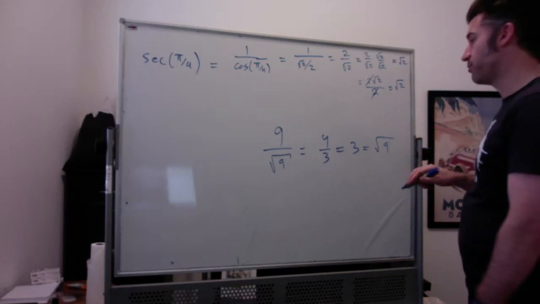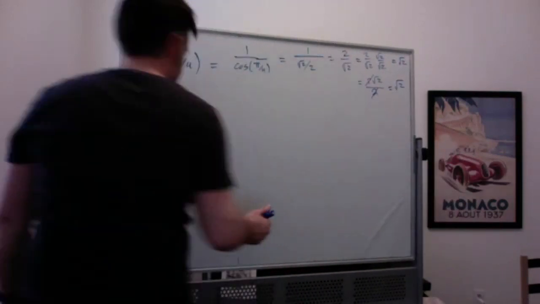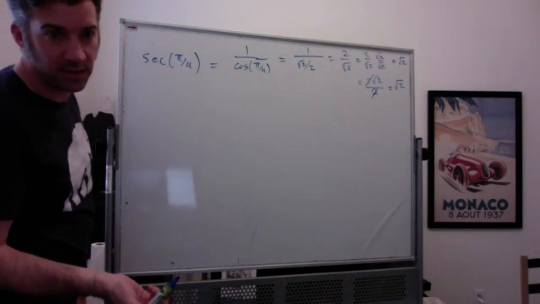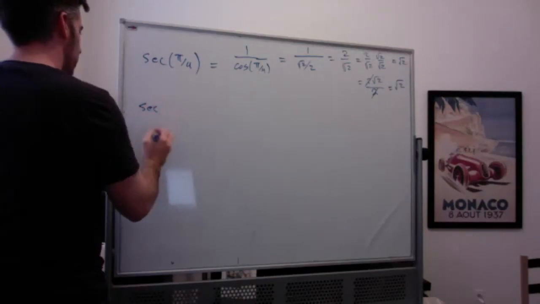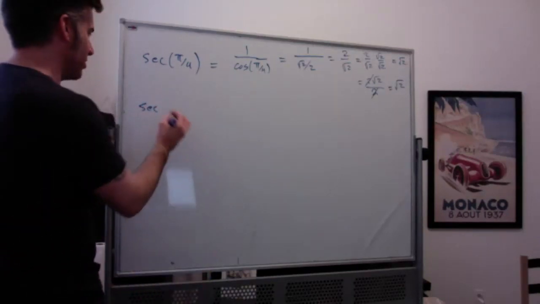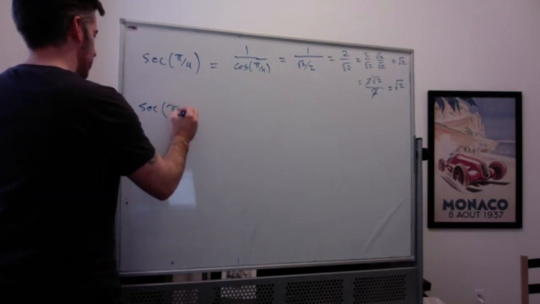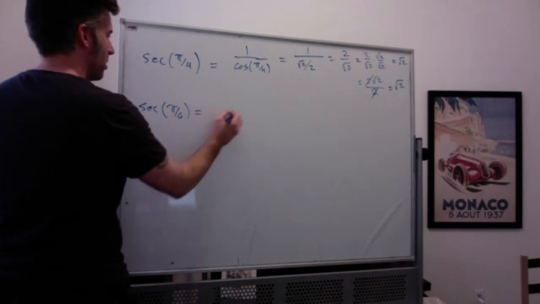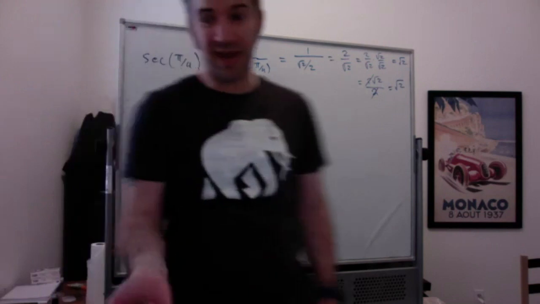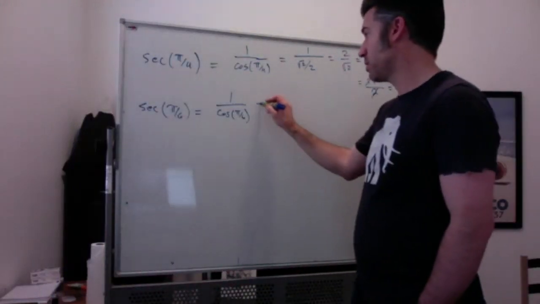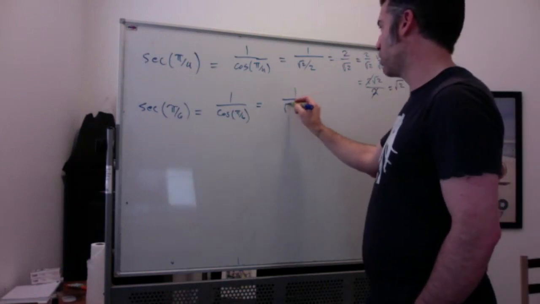Let me do one more. Let's say I want to find secant and cosecant of pi over 6. I know we did these on the other side of the board, but it's good to just do them here. So secant of pi over 6 is going to be 1 over cosine of pi over 6. Cosine of pi over 6 is root 3 over 2. Again, that's something you're going to get better at the more you practice it. This is 1 over root 3 over 2.